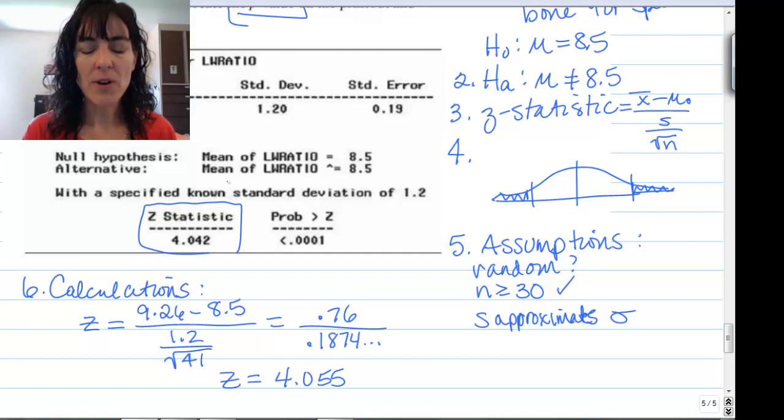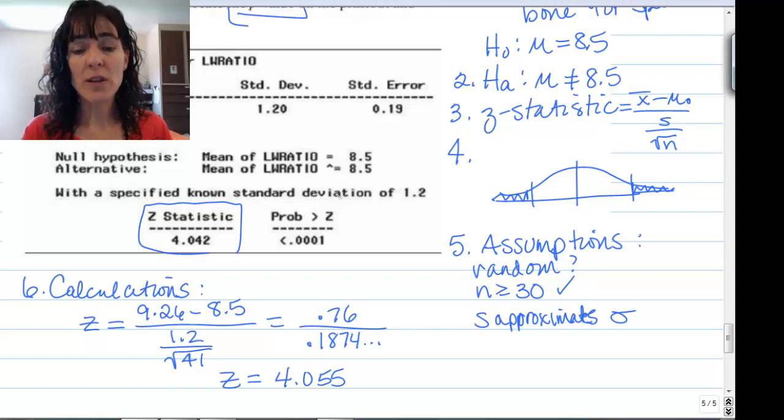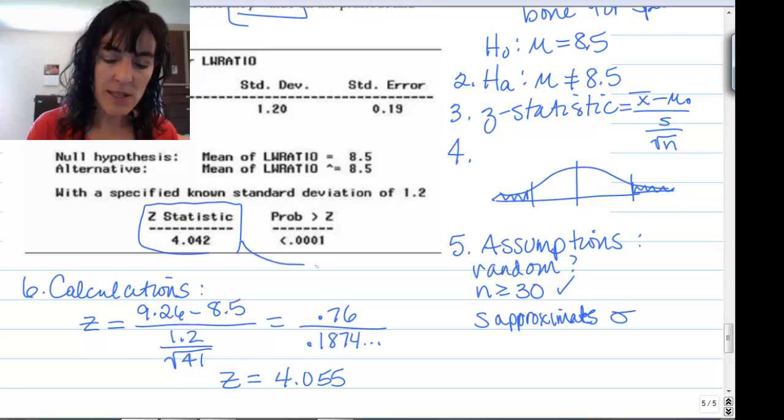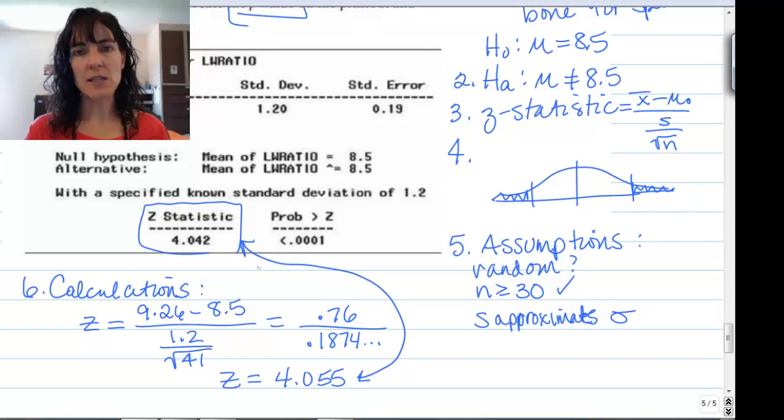And you'll probably use one of those software packages. And so we want to make sure you understand where these pieces are coming from that they put on the printout. And then our Z statistic did not match exactly with their Z statistic.